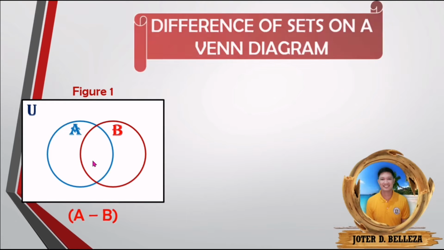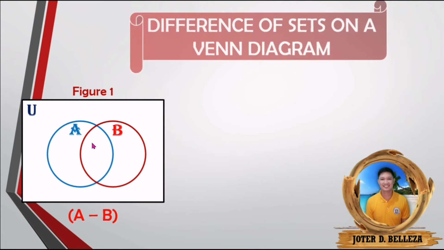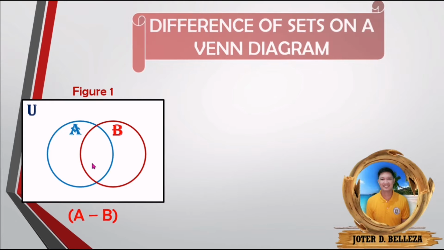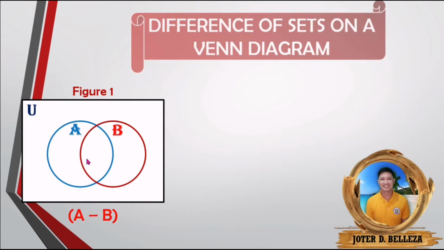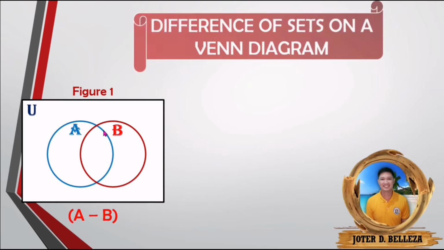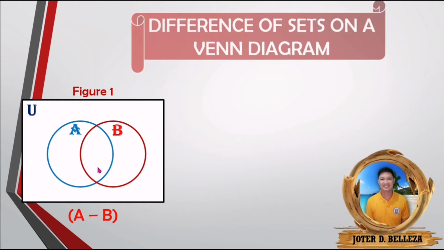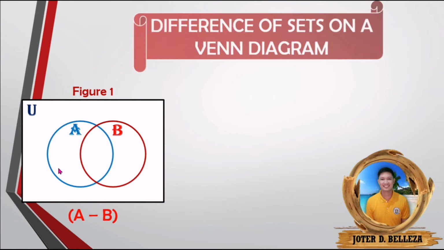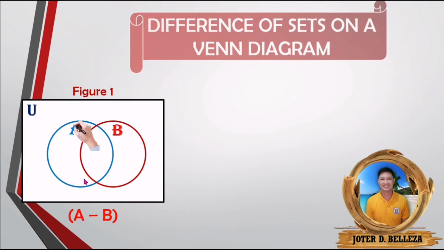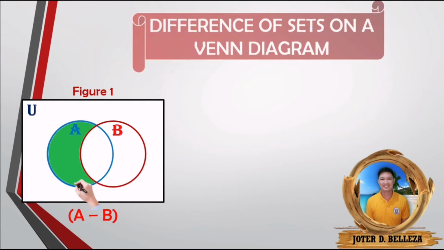To show their difference, that is A minus B, all we have to do is to take away the elements of B that are also found in set A, and that is shown by this part here. After taking away all these elements, we are going to shade the remaining region of A, and that is this area here. Shading that part will give us this one.